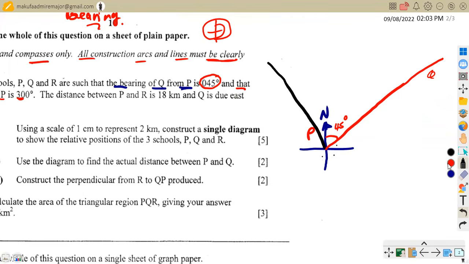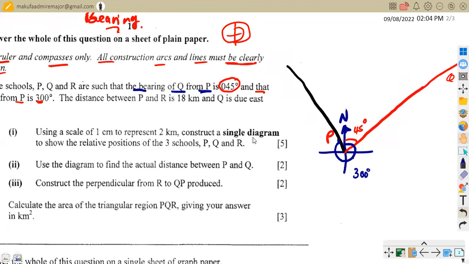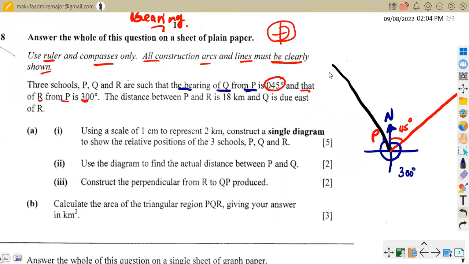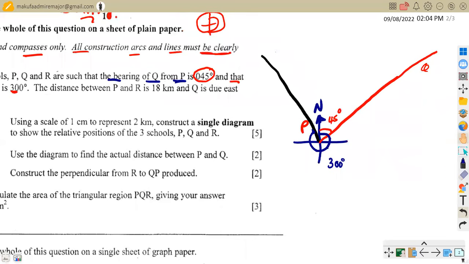That's where we are going to have our angle of 300 degrees. So I'm just going to mark from the North Pole in a clockwise direction like this. So this angle here is 300 degrees. So R is the one that is going to lie in this line. So we do not know exactly where that R is, but we just know that it's along this line.